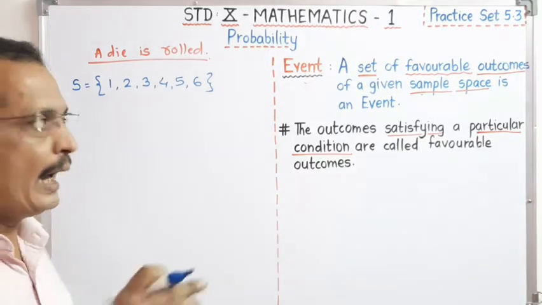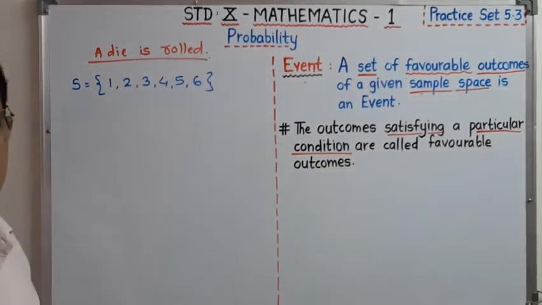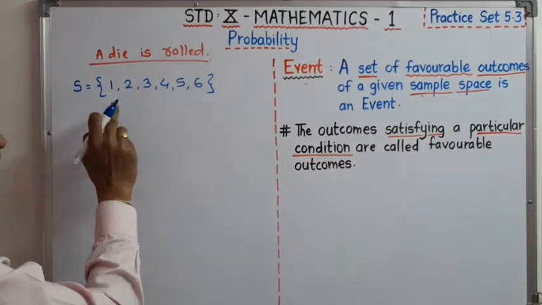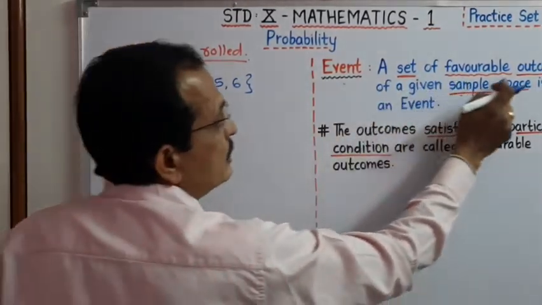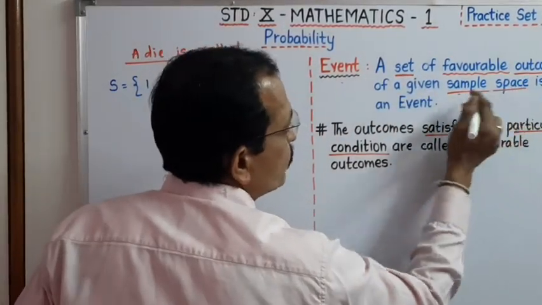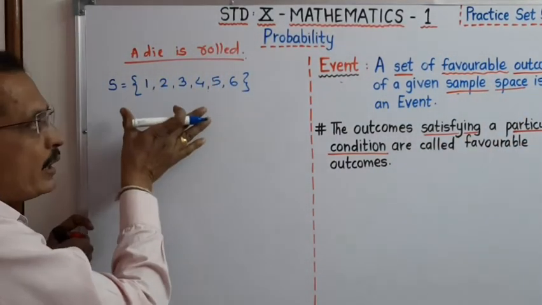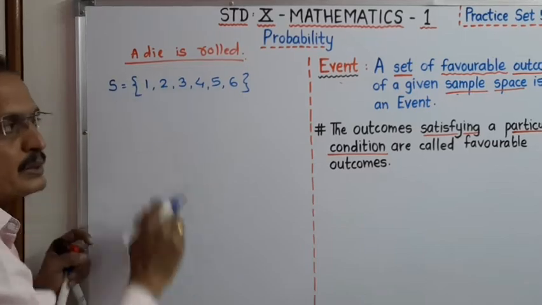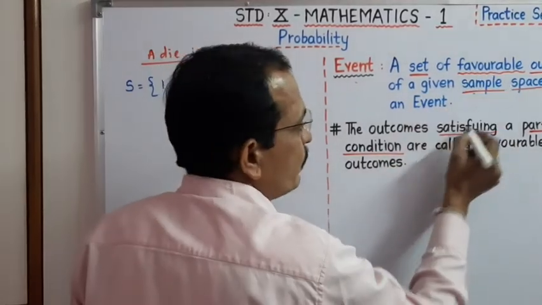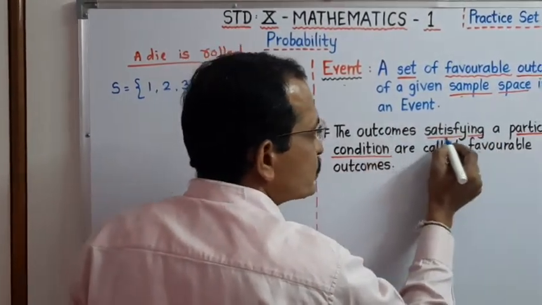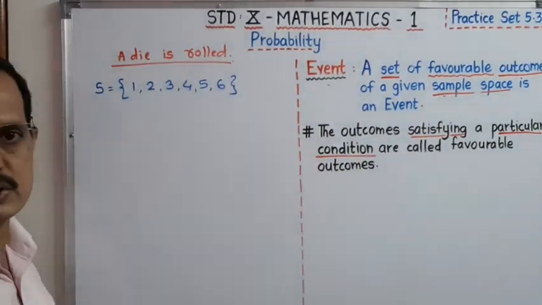Now, I have to take one event. See, an event is a set of outcomes of a given sample space. That means we have to write the outcomes from this sample space. But which outcomes? Favorable, which means the outcomes which satisfy a particular condition.